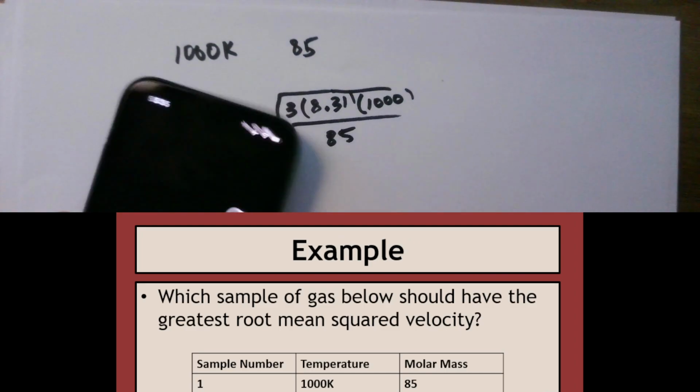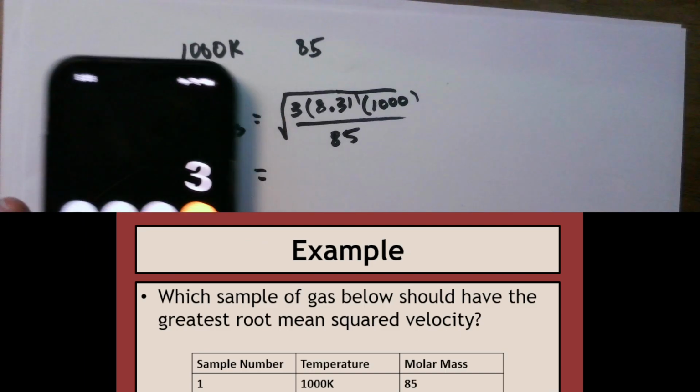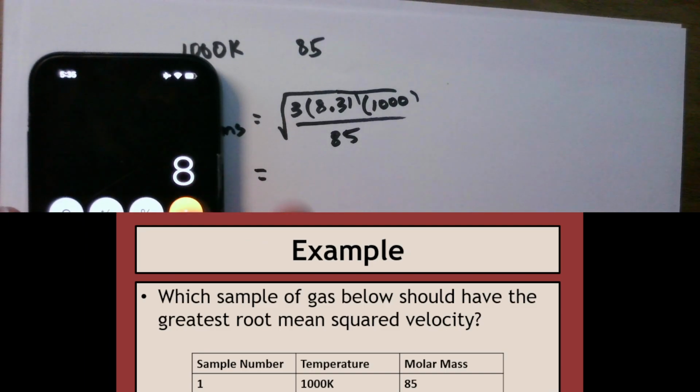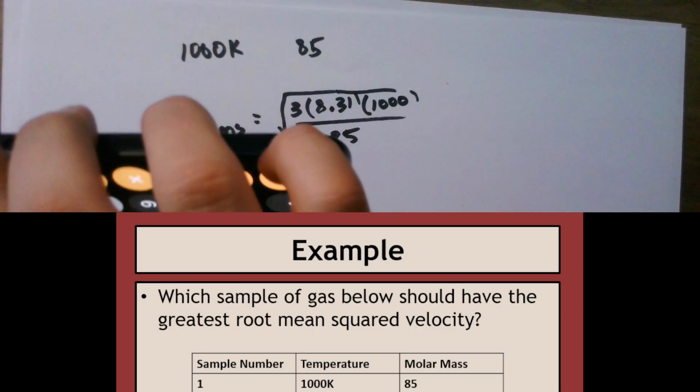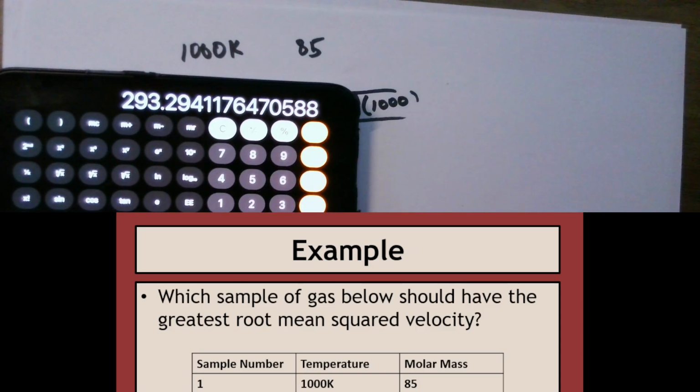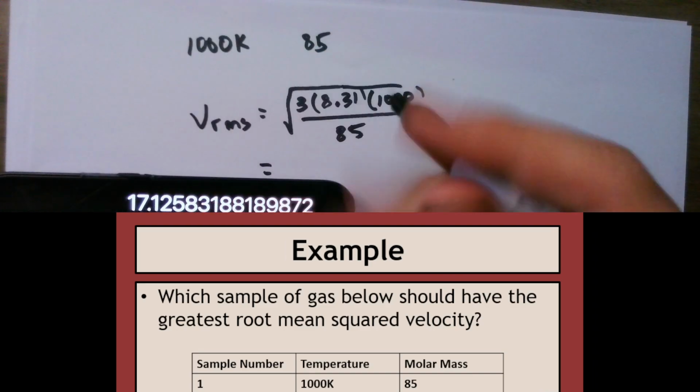Okay, so on my calculator I'm going to do 3 times 8.31 times 1000, divide by 85, get my answer, square root of that, I get 17.1.